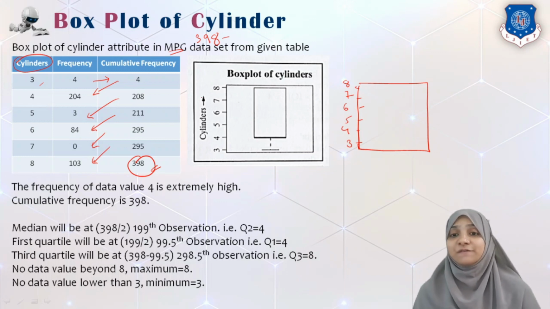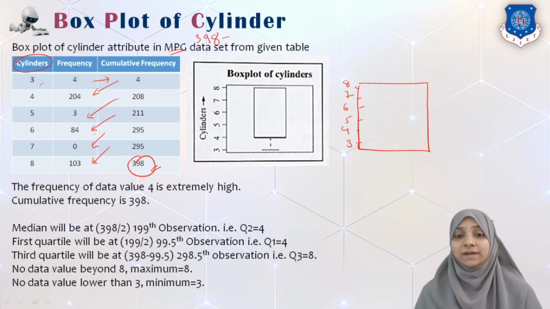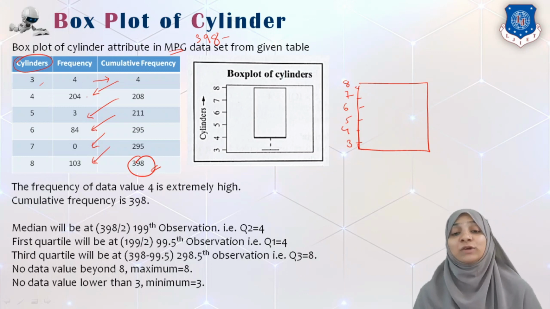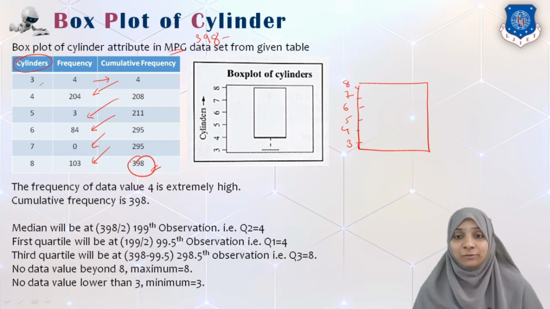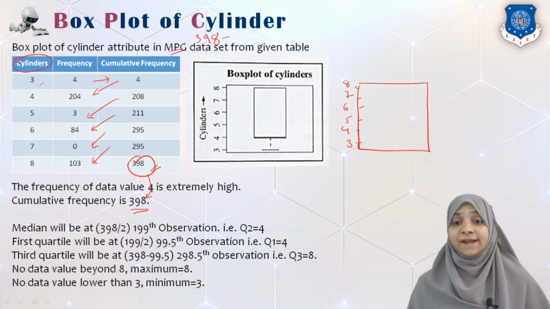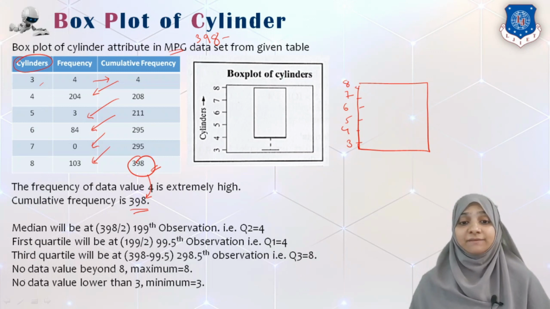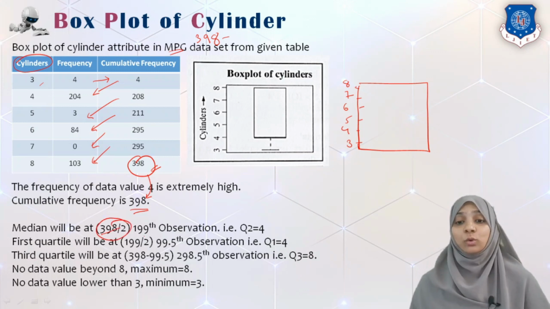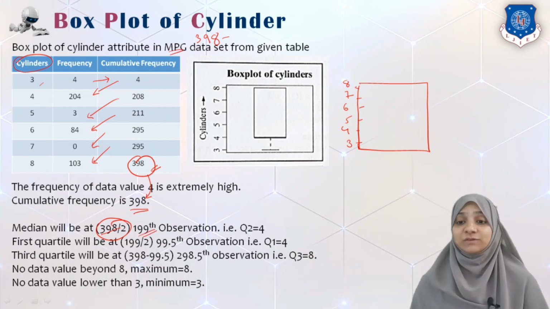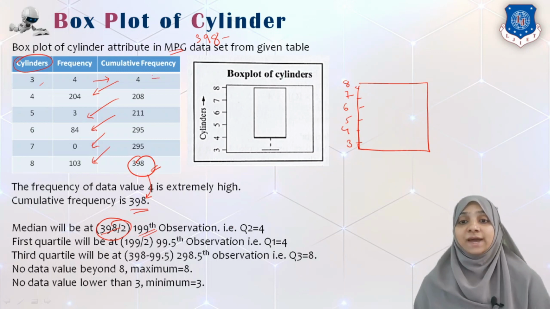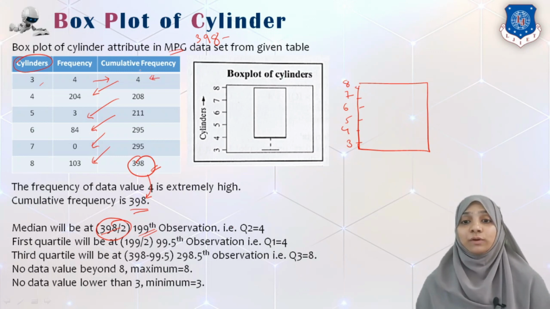Now we first need to find the median of this data set. But you know that this data set needs to be ordered. As you can see, cylinders are ordered and their cumulative frequencies are ordered. If there are 398 observations or data rows, then the median will be at which row? The median will be at 398 divided by 2, that means at the 199th observation. Do we have the 199th entry at the 4 record?